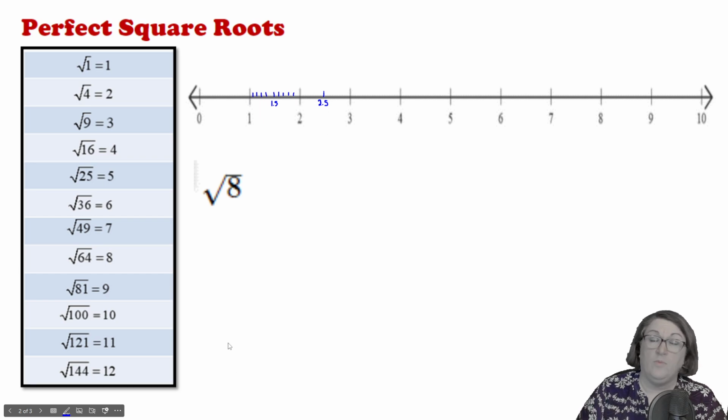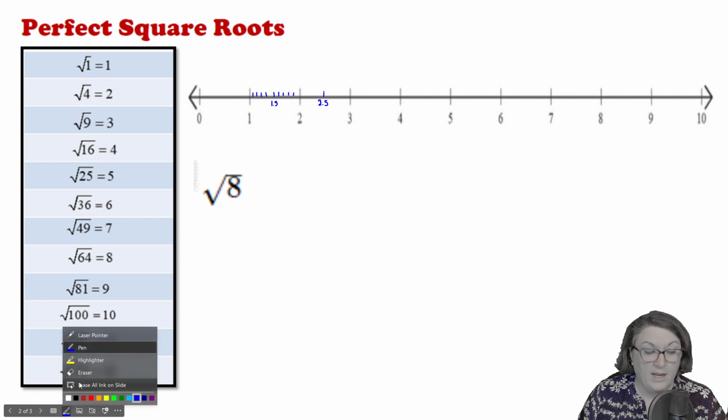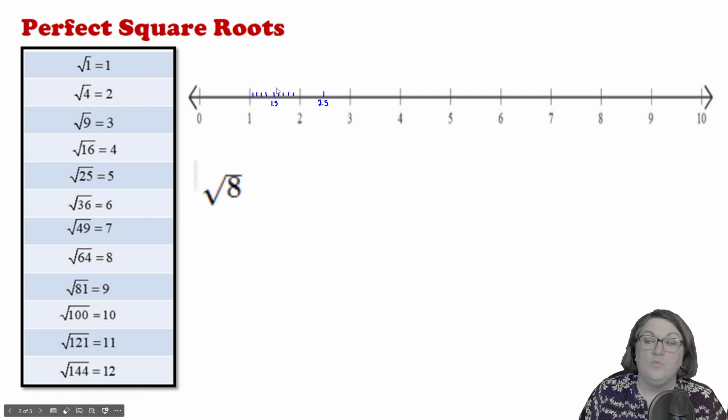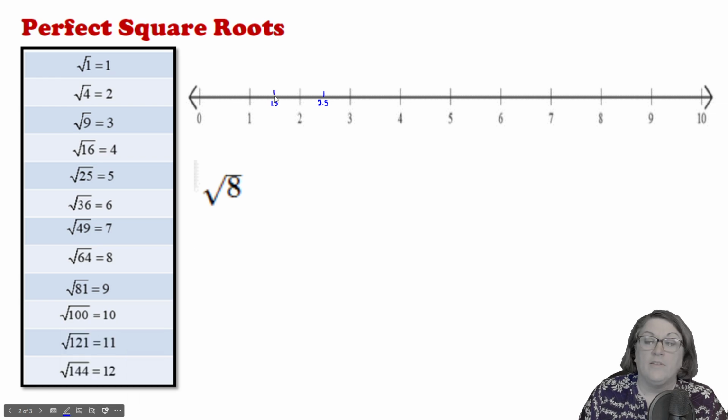And that's basically what we're trying to do, get to the nearest tenths place when we're estimating these non-perfect square roots. Let's go ahead and erase some of these lines. We'll leave the halfway point there just to remind us that that is the halfway point. Let me put it back there because I accidentally erased it.